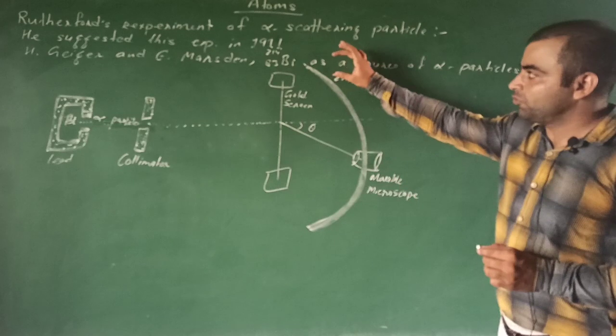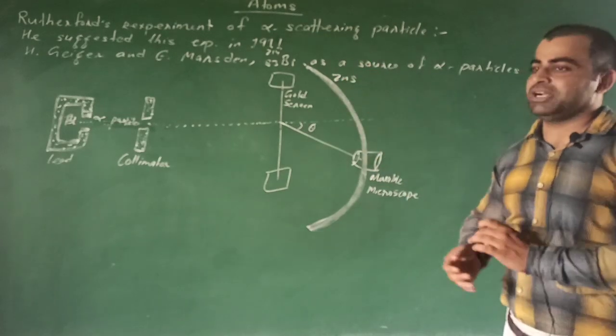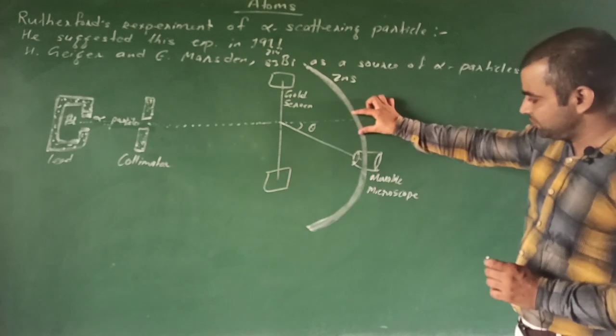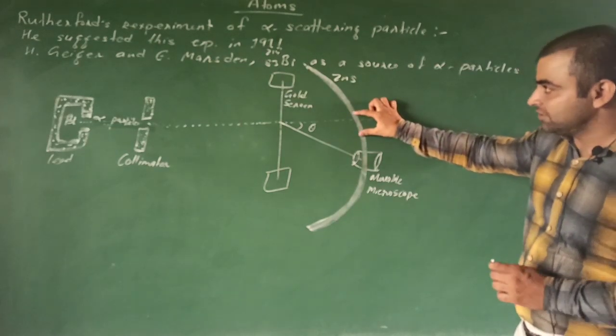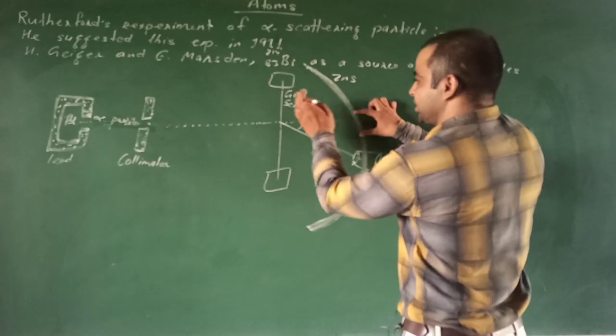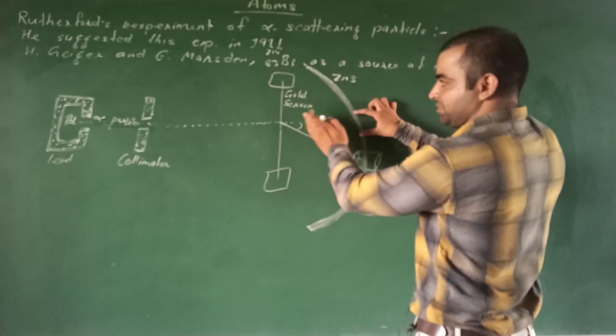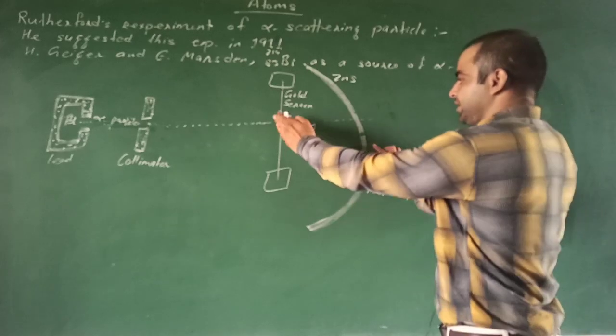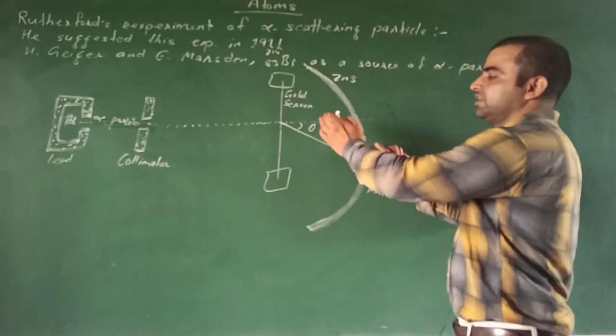It can be moved in the upward and downward direction. If the microscope is here, the alpha particles coming here can be observed. If it is here, then alpha particles coming here can be seen.